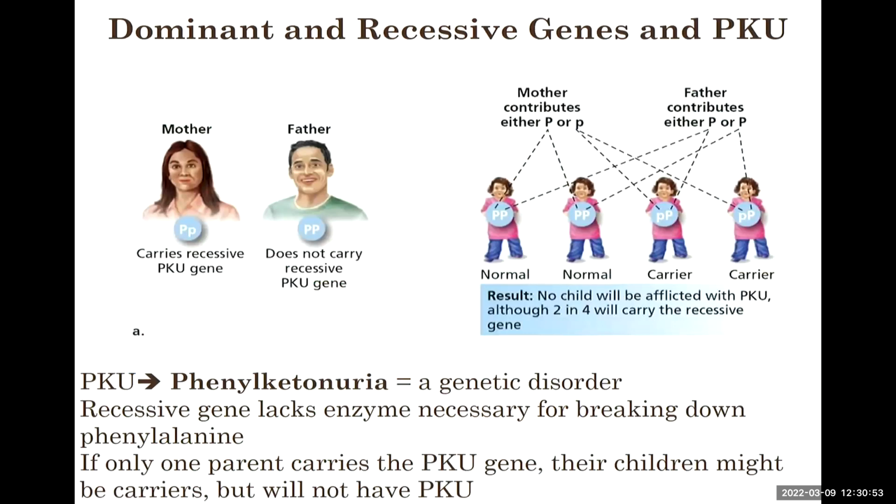For example, we're going to look at PKU, phenylketonuria, not sure that's how you pronounce it. It's a genetic disorder that means you cannot break down phenylalanine, which is a component of food. If you do not have that enzyme, they have to identify it right away.